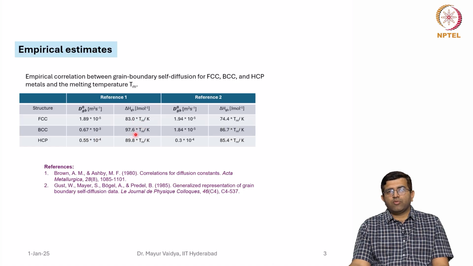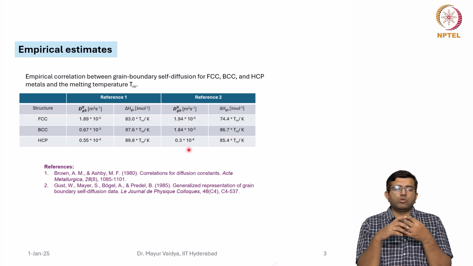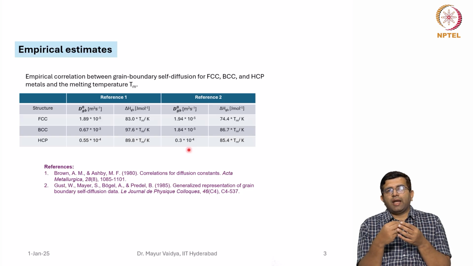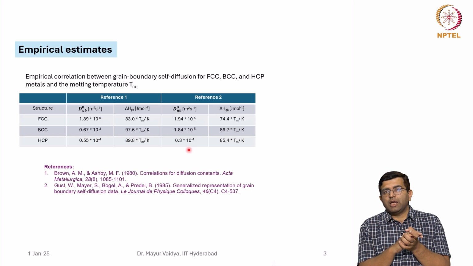Here the factors are different for BCC and HCP. From reference 2, these factors are slightly lower, and similarly D0 is also predicted. This is basically to enable at least some estimates of grain boundary diffusivities where experiments are difficult to perform.